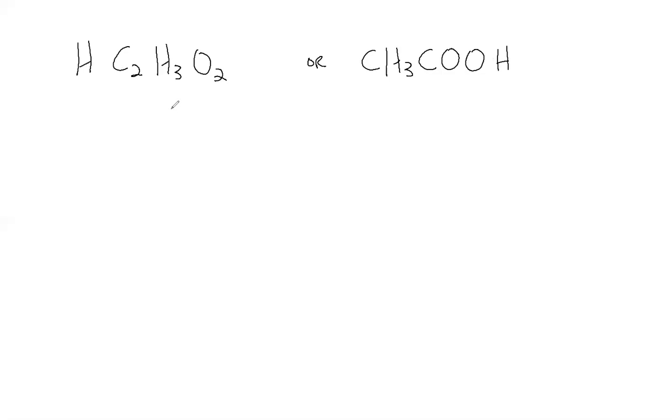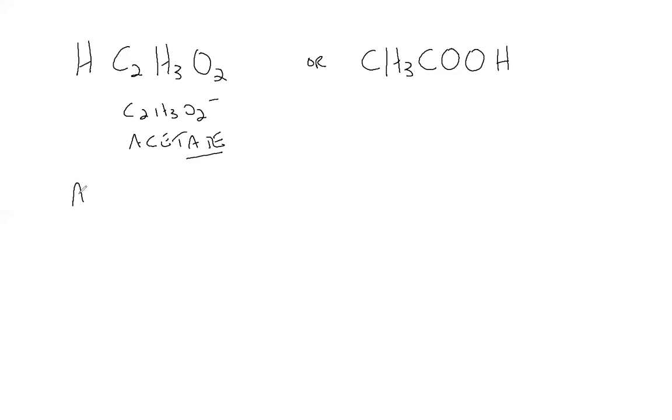All right, so let's name this thing. It's got oxygen in it, so we've got an oxy acid. So this is coming from the acetate ion. C2H3O2 minus is acetate. So because it's ate, we have an ic acid.